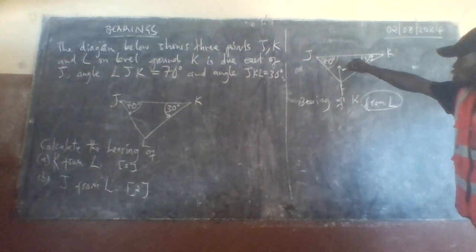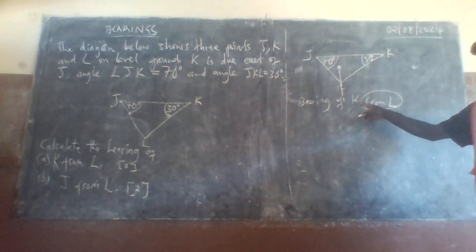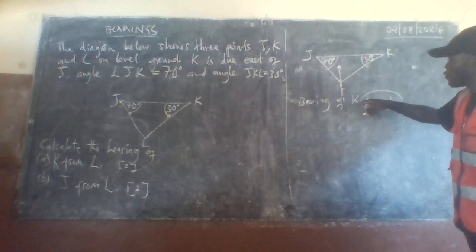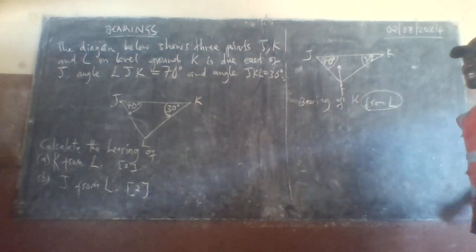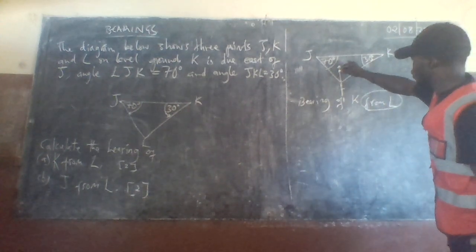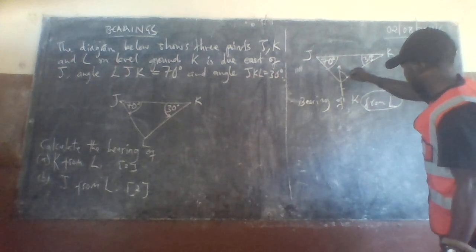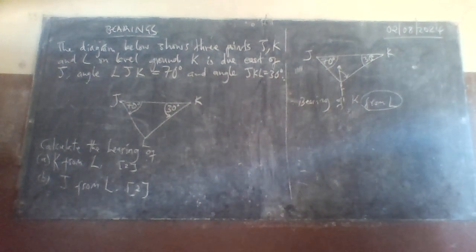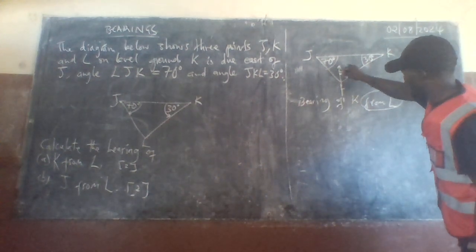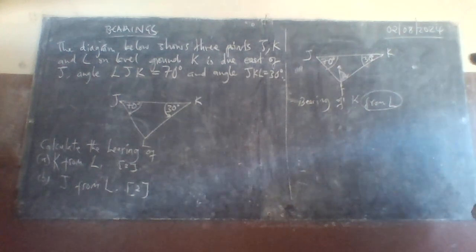Then start from the top and make an angle to meet the letter which has been mentioned. So we are going to meet K. This is the angle which is required.